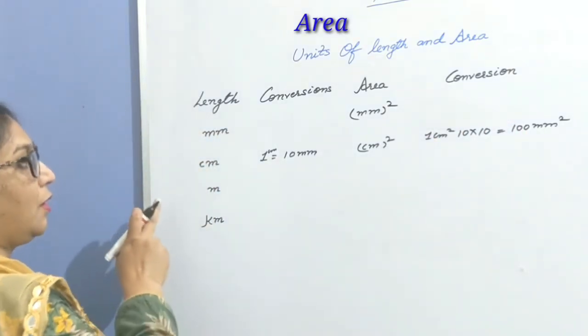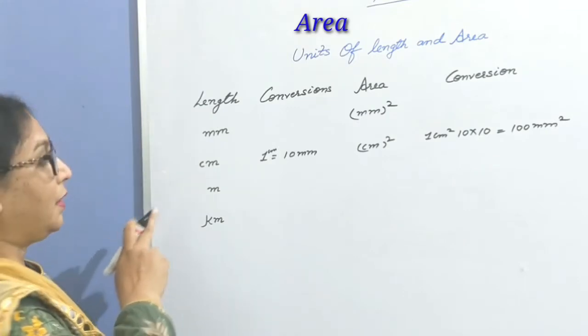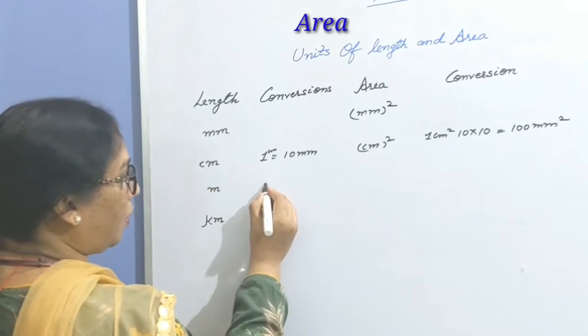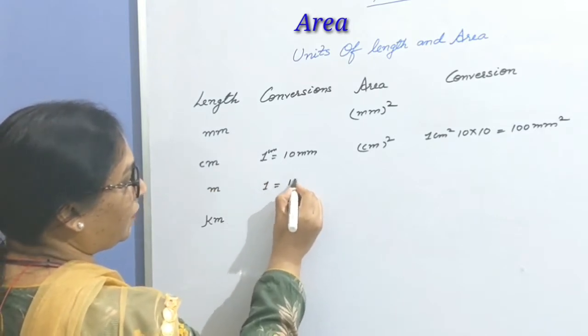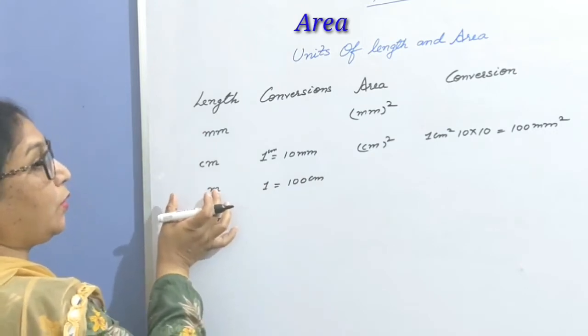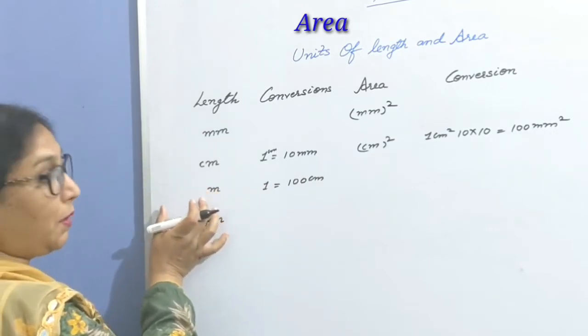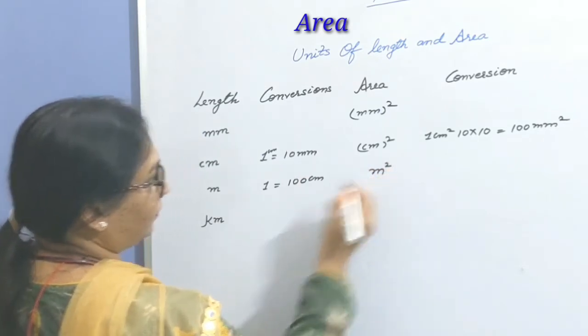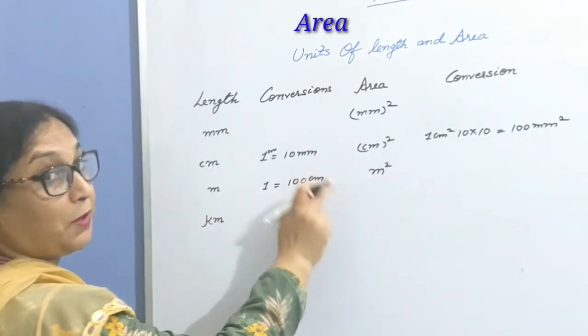Now the next case, when the length of the figure is in meter. 1 meter equals how many centimeters? 100 centimeters. What is the corresponding unit of area if the length is in meter? Meter square. Meter square means meter into meter.